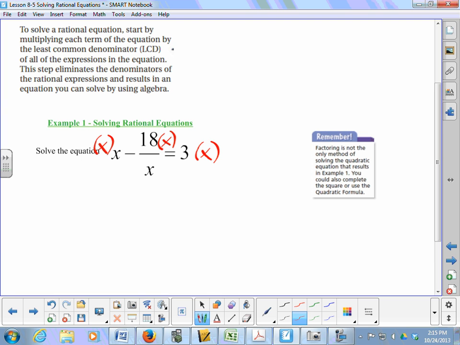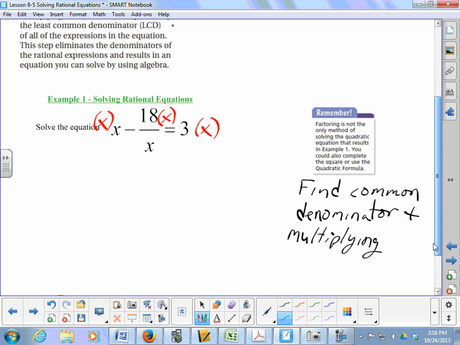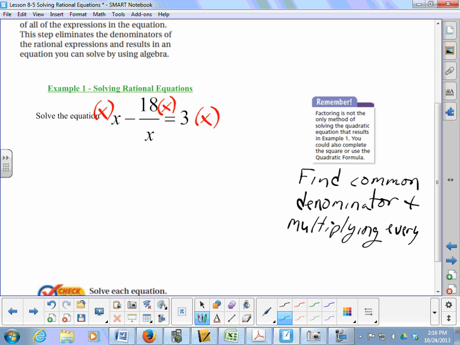So we find the common denominator and multiply everything by it. Now, what that allows me to do is to eliminate the denominator. So x times x gives me x squared.